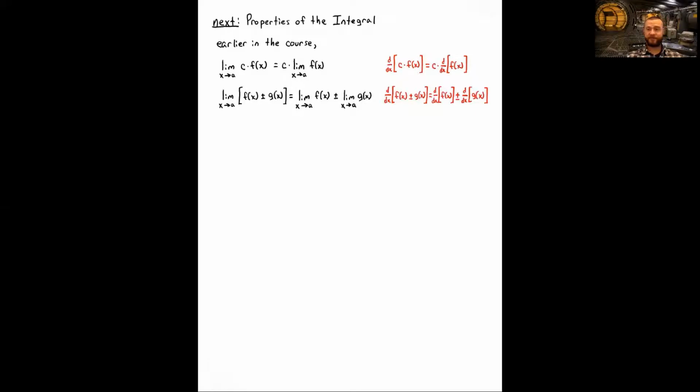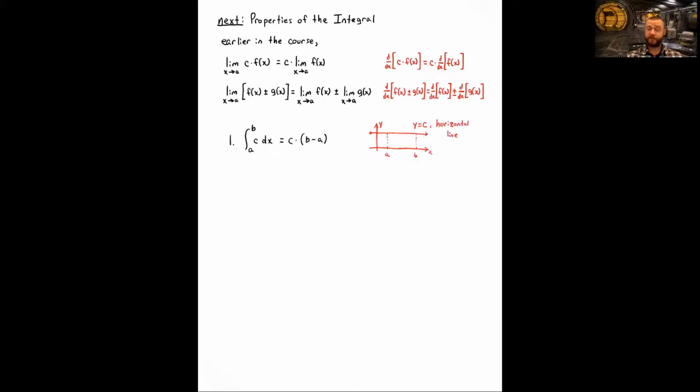Since derivatives have these similar properties, you might suspect, do integrals have similar properties? They do, because definite integrals are defined as limits. So it shouldn't be a surprise that there are a few properties for the definite integral.